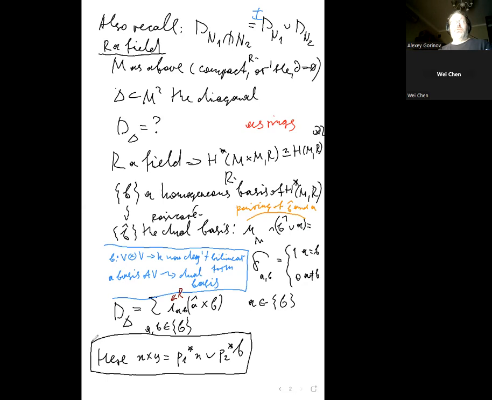So for general reasons, we have this expression for the diagonal class, or in fact for any class, and we need to find the lambdas.